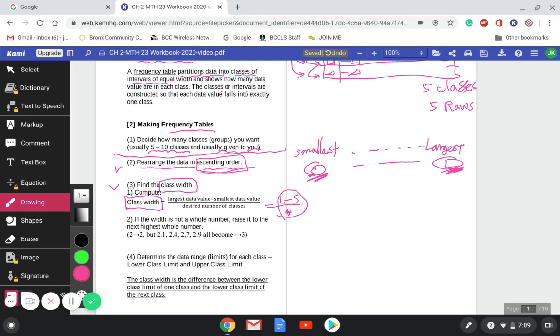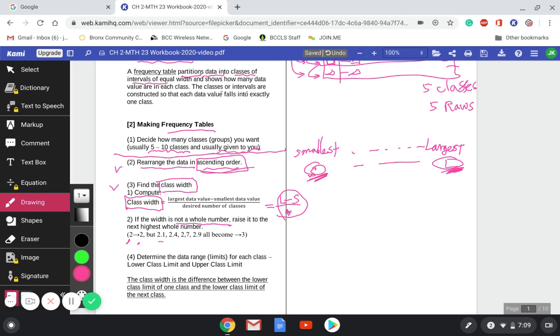Now, one thing you have to be very careful about, and many students get wrong, is when you calculate the class width, we try to have a whole number for the class width, unless they say otherwise. We try to have an integer value. So if you have 2 as a class width, then the class width will be 2.